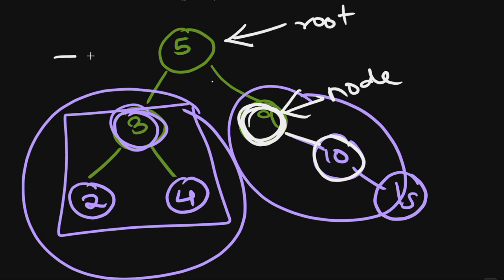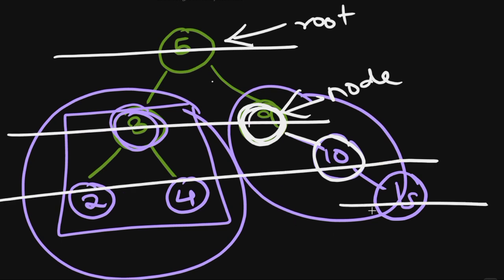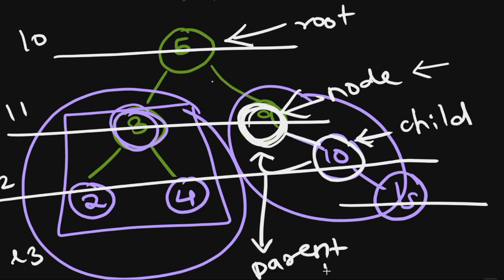We can call these individual levels: level 0, level 1, level 2, and level 3. Whichever node is present in the next level and connected to the current node is called a child. So it is the child node of this 9. And assuming this as a child node, it will call the above the parent node.